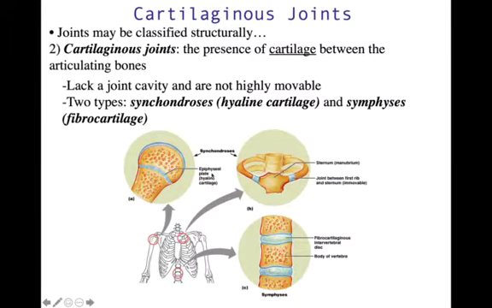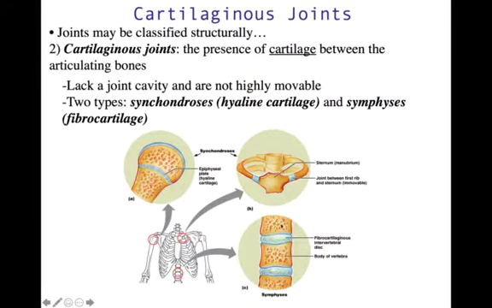Here, for example, you see the epiphysis of a long bone, and then we have articular cartilage, which is hyaline cartilage. That would be considered a synchondrosis. Or when I think about the true ribs articulating with the sternum, with this piece of hyaline cartilage there, we call those costal cartilages. Same thing.